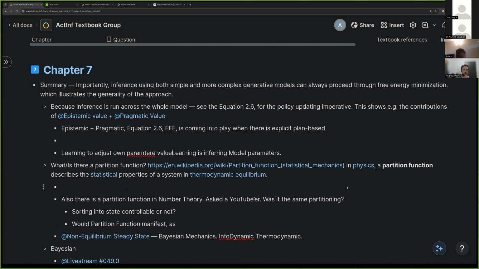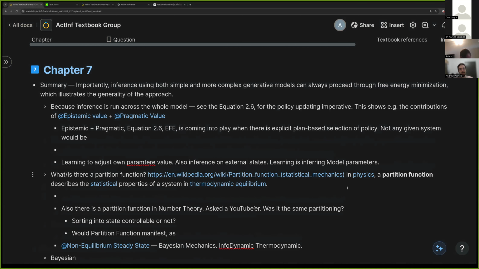The pragmatic and epistemic value play into that overall process, and all these things are happening simultaneously. So it's a little tough for me to rip out one part of that process and say that one thing is what's happening. I'm not sure if I'm answering the question super well or not.